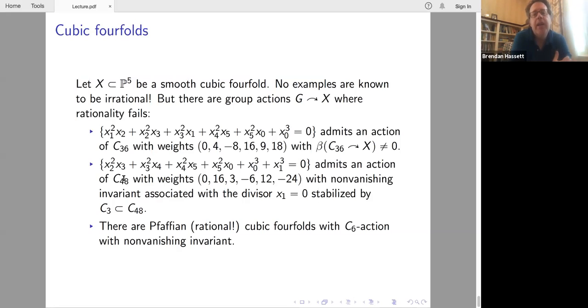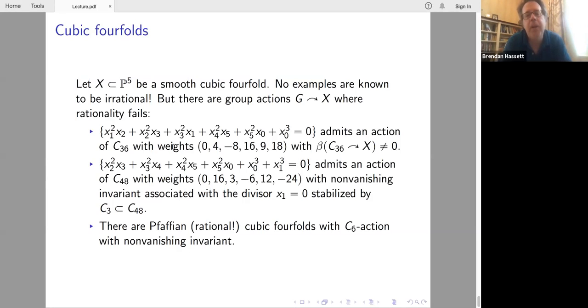One irritating thing about the first two examples is I am not sure whether the cubic fourfolds as they're written are rational without the group action taken into account. They have very intricate Hodge structure, and it looks good, but I have not done the computation to show whether they are rational, or even predicted to be rational based on the Kuznetsov philosophy that if you see a K3 surface, it should be rational.